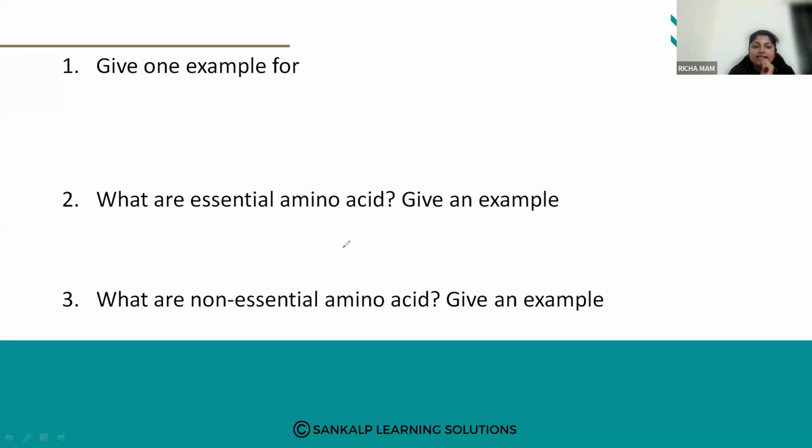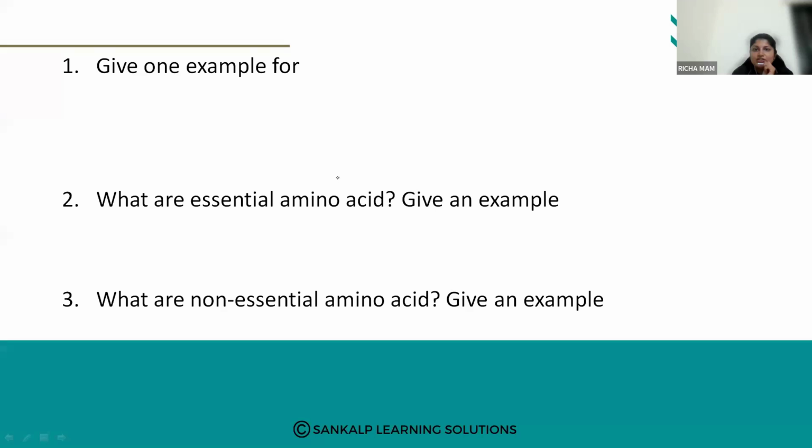What are essential amino acids? Give examples.